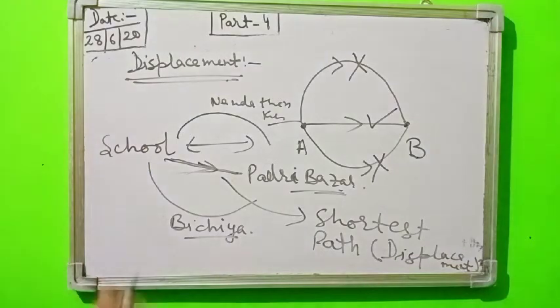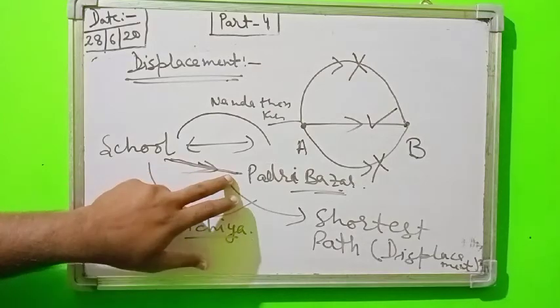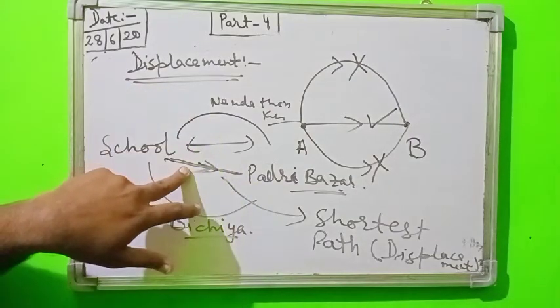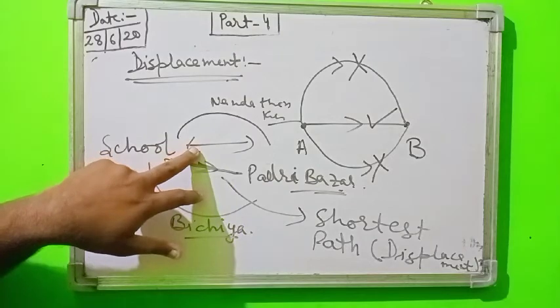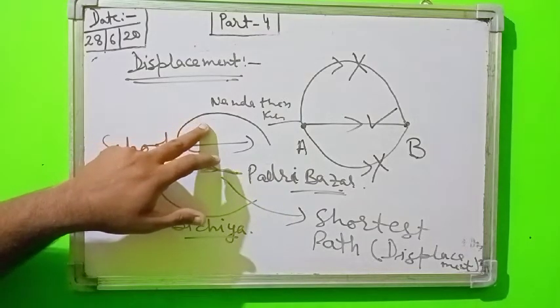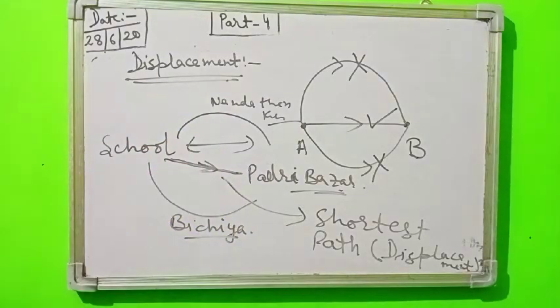Displacement must be equal to distance when the body is traveling in a straight line, but displacement will never be greater than distance, since displacement is the shortest path.